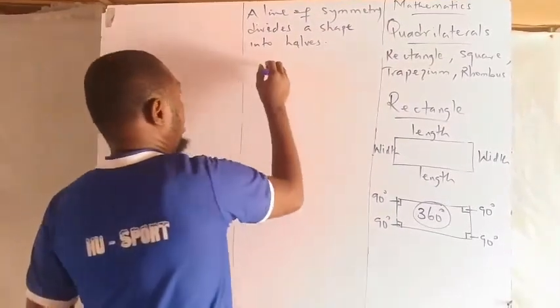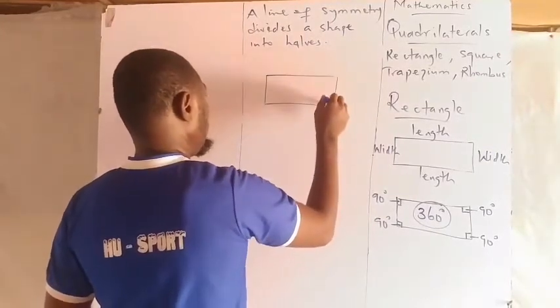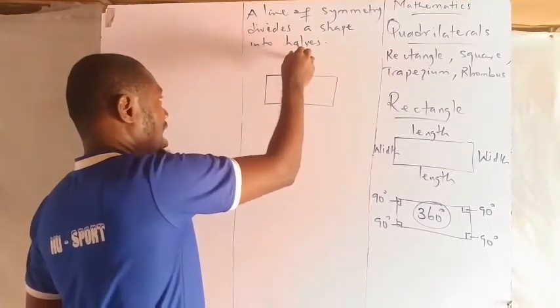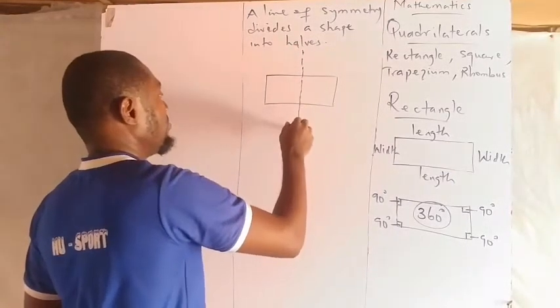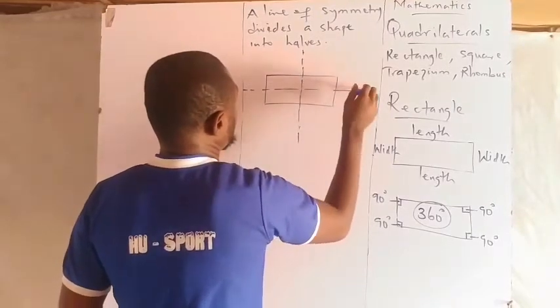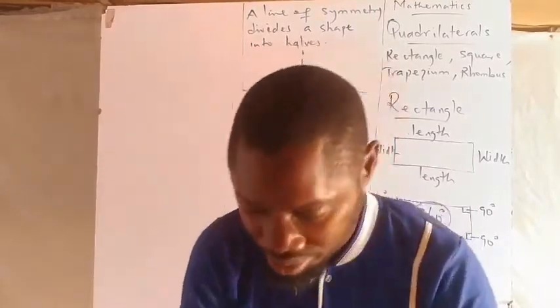So, of a rectangular shape, you can divide a rectangular shape into halves in this form, and also divide in this form, but you find it uneasy to divide the other way around. You know what I'm saying?